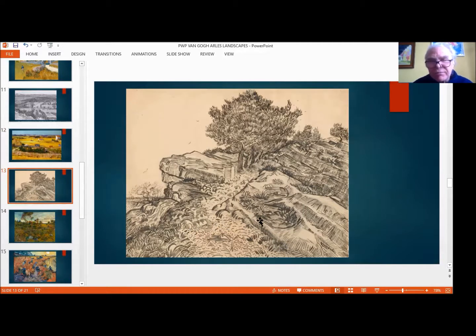And look at the beautiful variety of marks. And you know, when you make drawings, good drawings have this vitality and this richness of mark making.